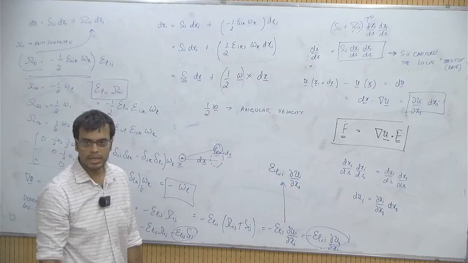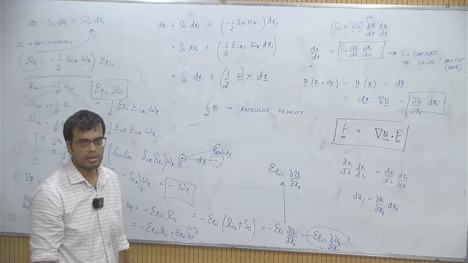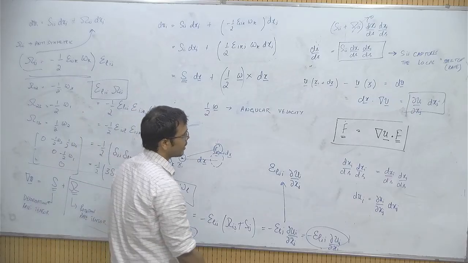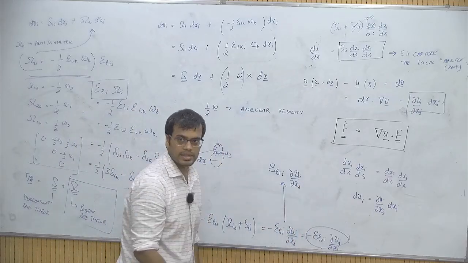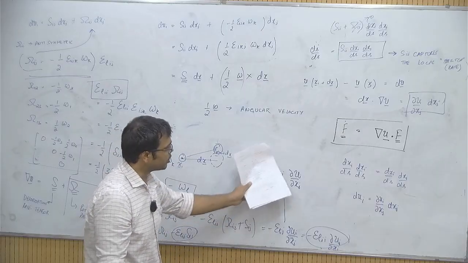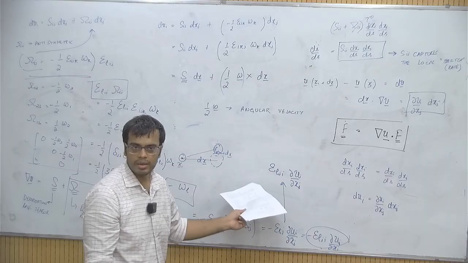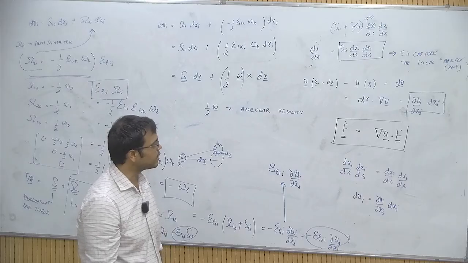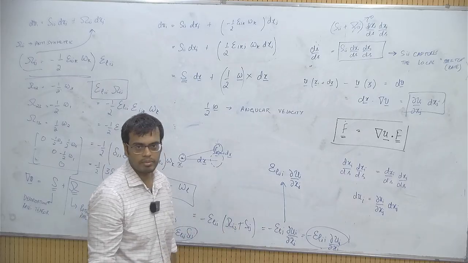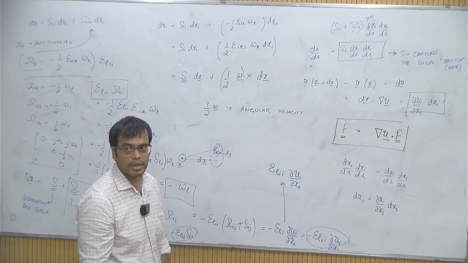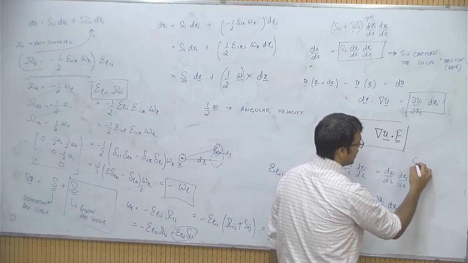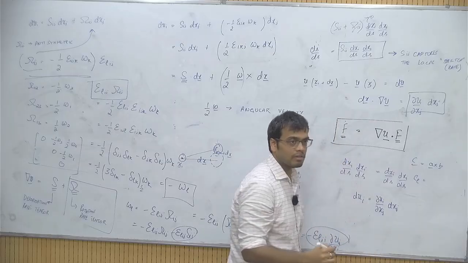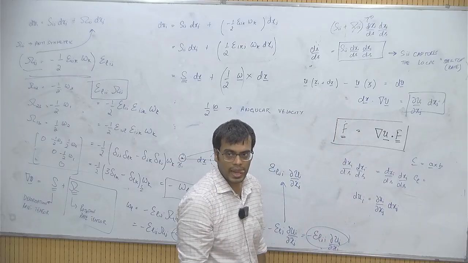Do we recognize this? First of all, is this a vector or what? This is a vector. This is the lth component of a vector. What is that vector of which it is the lth component? If I write C as A cross B, what is the lth component of C? Curl.